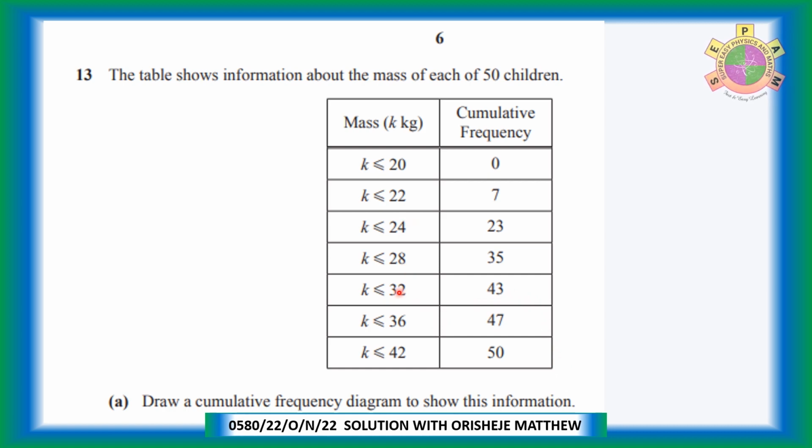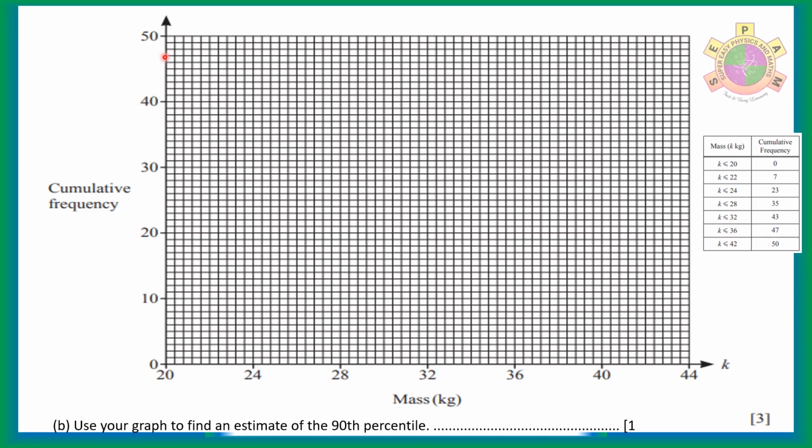So we'll use the upper class boundary. So the first plot there, then next, let's plot for less than 24, plot for less than 28, less than 32, then less than 36, and then less than 50.